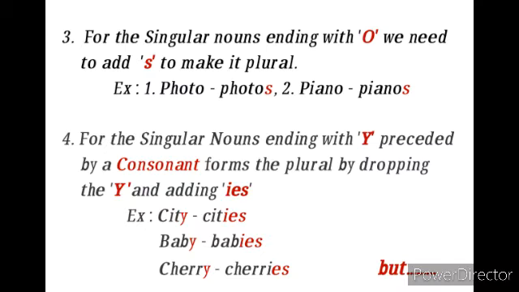Let's see the example. Photo, photos. Piano, pianos. Here the word photo ends with the letter O and piano ends with the letter O. In both these cases, we have simply added S to make it a plural noun.